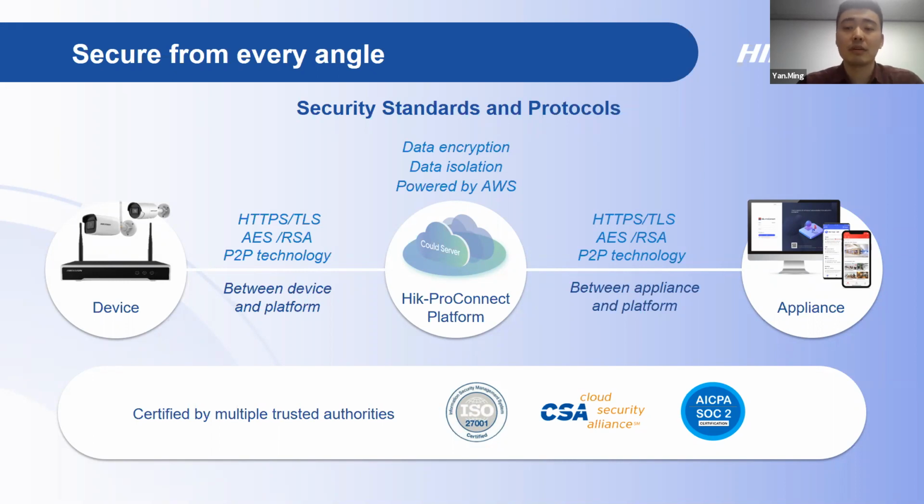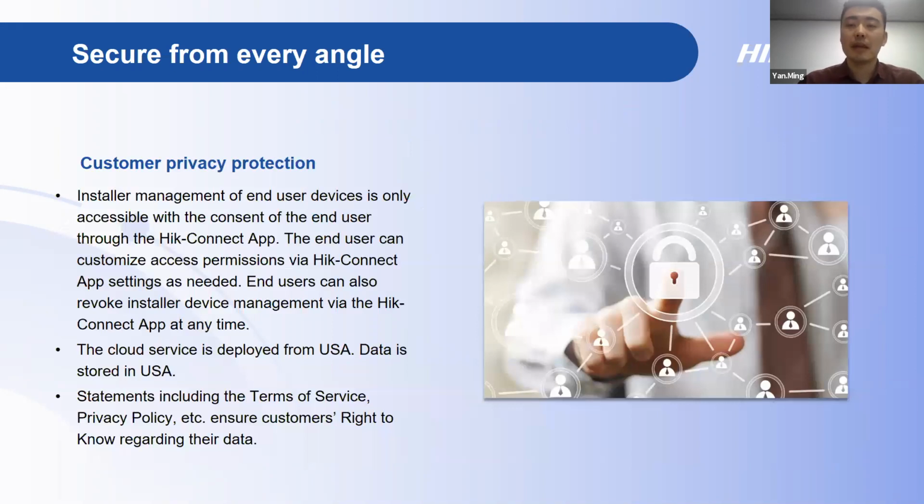The P2P technology that we are using can establish a secure link with port mapping, so the customer does not need to worry about exposing their ports to the public network. Other than that, as I mentioned earlier in this webinar, the end user is empowered and has the absolute right to assign or revoke installers to their device via the Hik Connect app, which makes it even more secure.